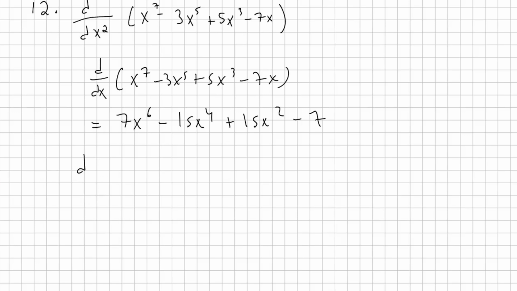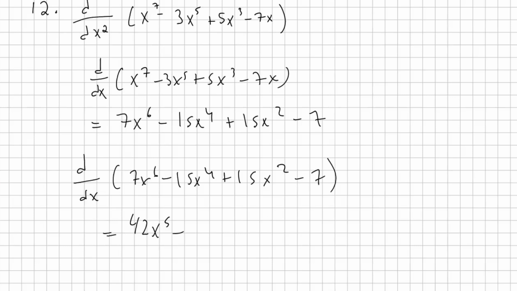Then for my d squared over dx squared, I'm going to take the derivative of this: 7x to the 6th minus 15x to the 4th plus 15x squared minus 7. So this is going to be an answer of 7 times 6 is 42, right? So we get 42x to the 5th. And then 15 times 4 is 60.